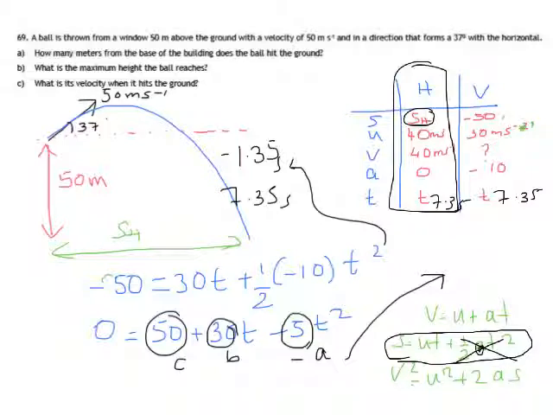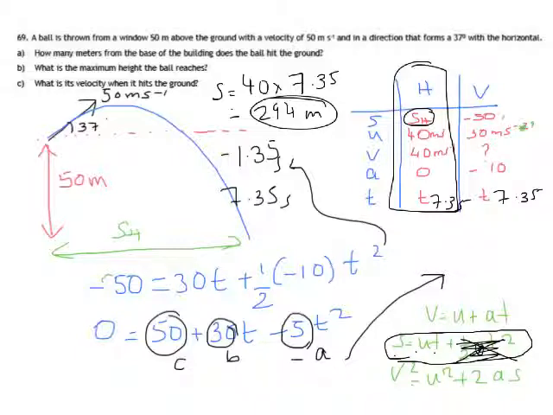So acceleration is gone, this section's gone, and we're left with displacement equals initial velocity times t. So displacement is equal to initial velocity 40 times 7.35. I said 2 instead of t before, sorry about that. And that should give us an answer of approximately 294 meters. Okay, so that's the answer to A.